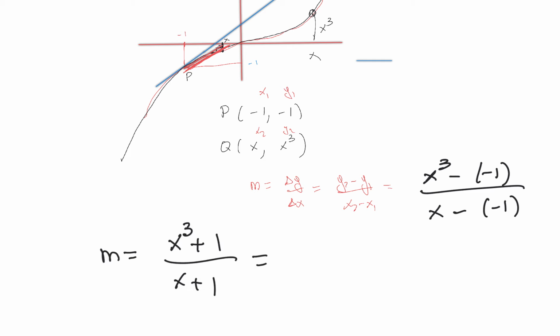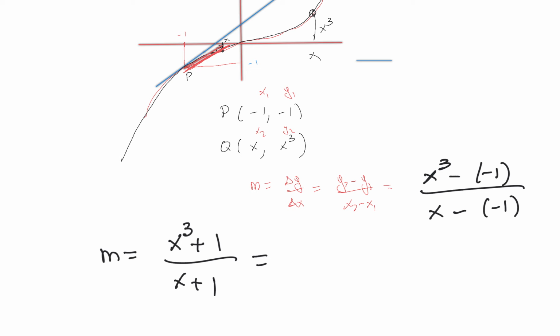And now the same thing happens. When x approaches minus 1, when the point Q approaches P, the x of the point Q approaches minus 1. Minus 1 plus 1 is 0, and division by 0 is not allowed. But you are only approaching minus 1. So you are at minus 0.999999.